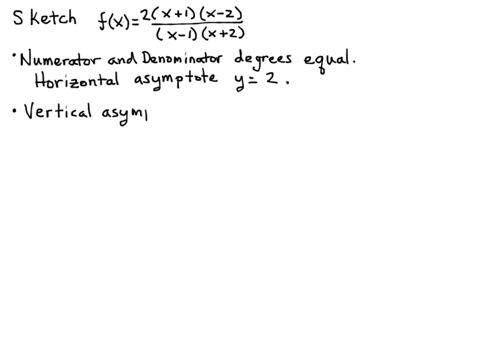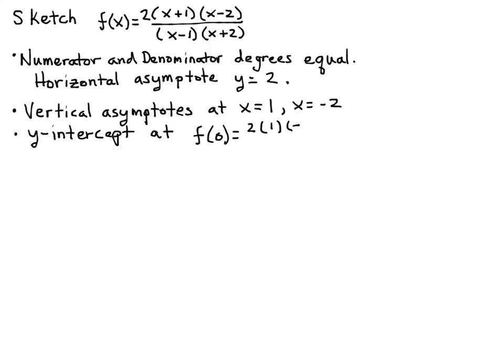Okay, so let's look at vertical asymptotes now. Vertical asymptotes, remember, are the roots of the denominator, and so we have x equals 1 and x equals -2. And then we have a y-intercept.